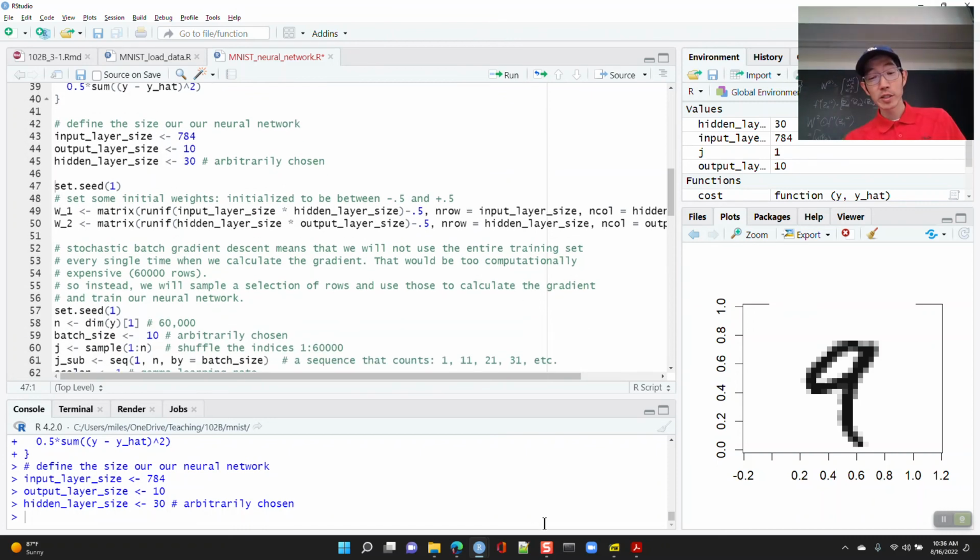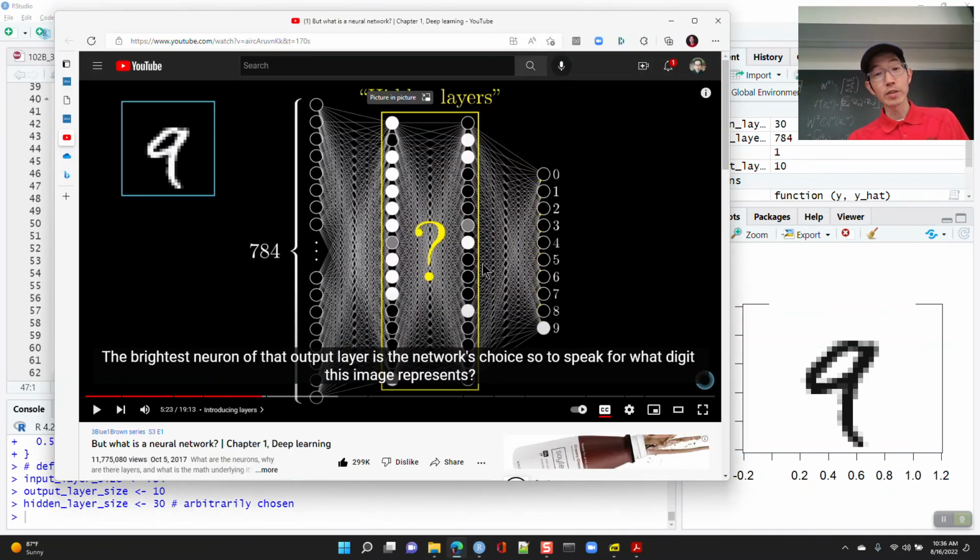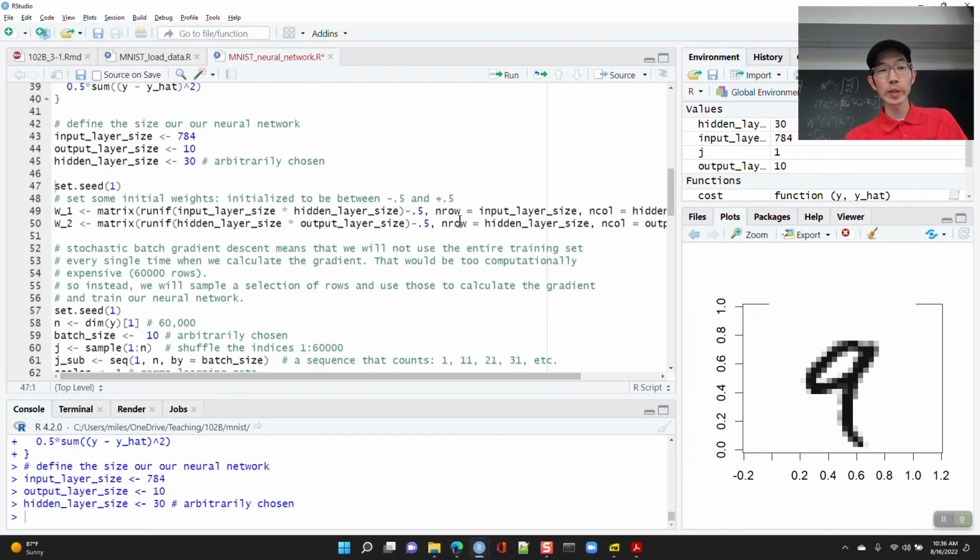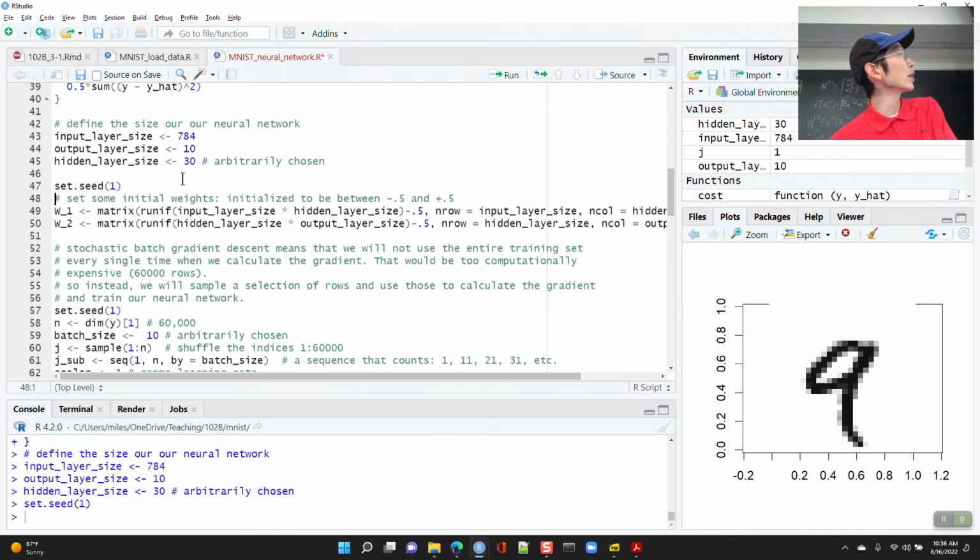In this structure, you would have 3 weight matrices, right? You'd have a W1 matrix from here to here, a W2 matrix from here to here, and a W3 matrix from here to here. Here we just have 2 weight matrices. I'm going to just pick some random initial weights. So I'm going to generate 784 times 30 random values for our first weight matrix.